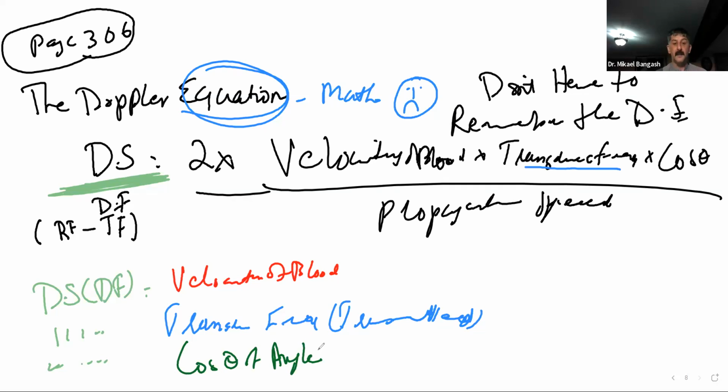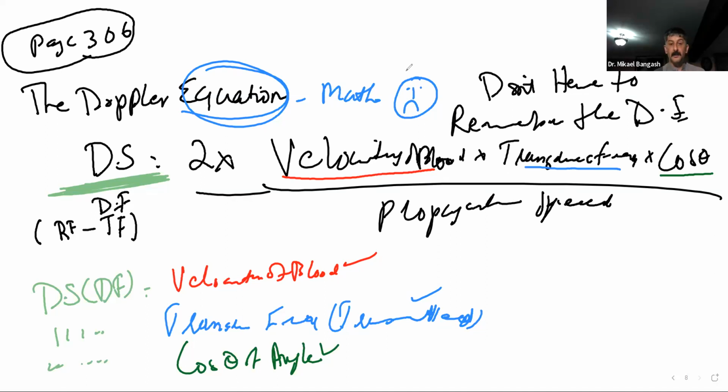But what you can mainly see here is all these three factors. Whether it was the velocity of blood, whether it was the transducer's frequency or transmitted frequency, or whether it was the cosine theta value of the angle, are all numerators of your Doppler equation, right?